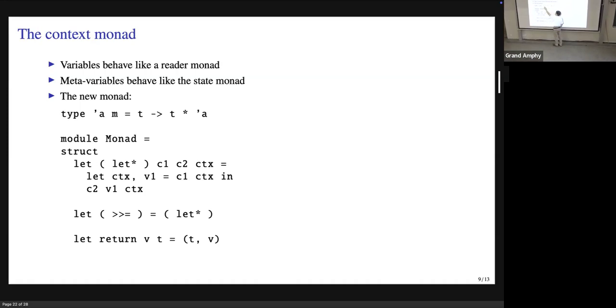So this is like the state, except that only part of it is the state. It's just the metas that are the state, and the rest is not stateful. So this now looks like the state monad. This is the standard definition. I pass the state to the first computation, I get out the value and the new state, and then I pass the new state to the second computation and the value.